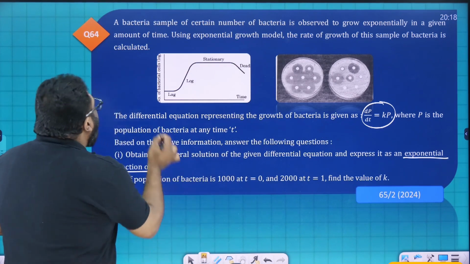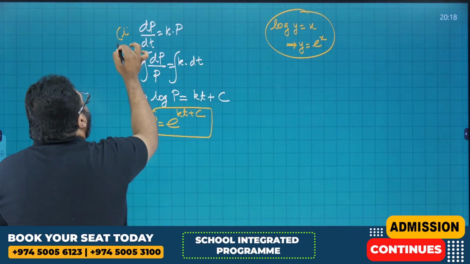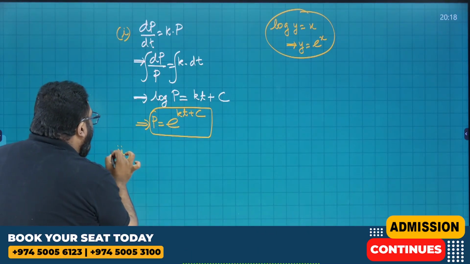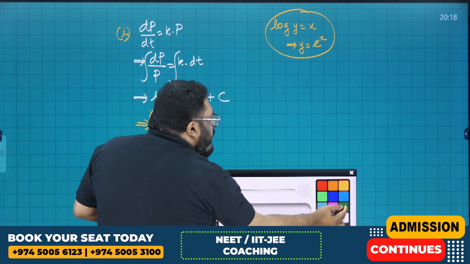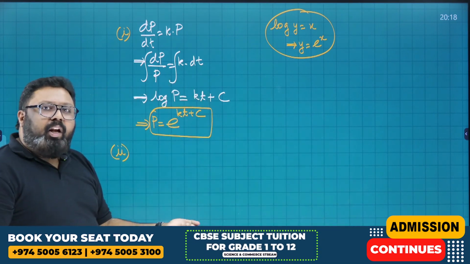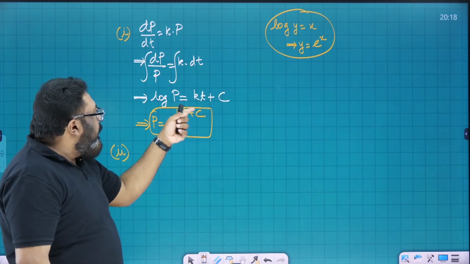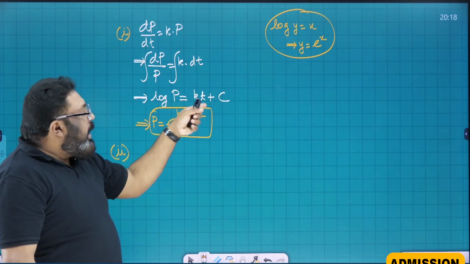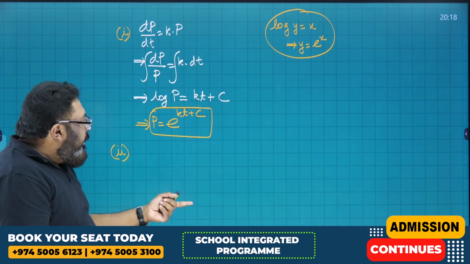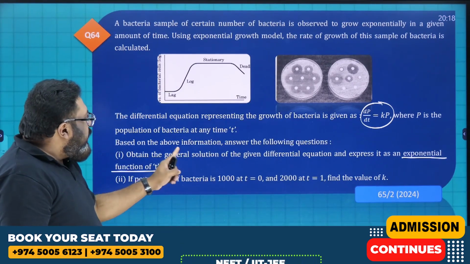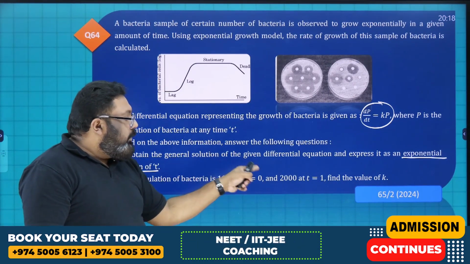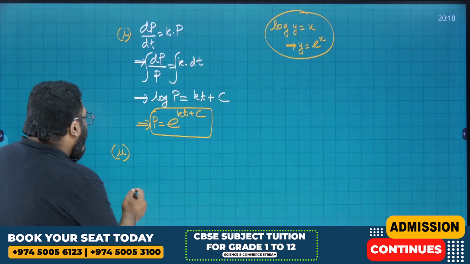First question done. All of you, I am done with the first question. Now I am going for the second question, my dears. They will give you some values, obviously for these kind of questions, to find the arbitrary constants k and c. First they said, the population of the bacteria is 1000 if t is equal to 0.